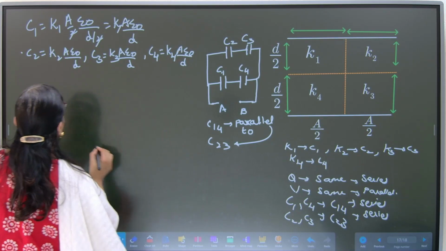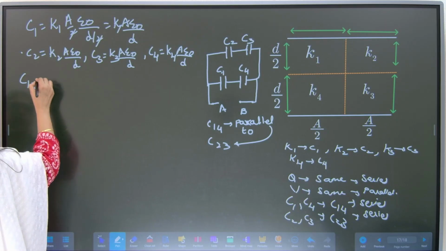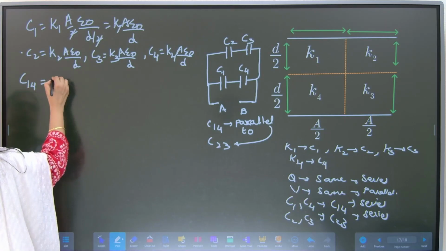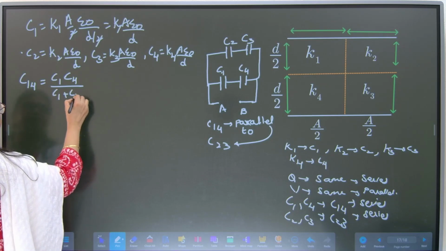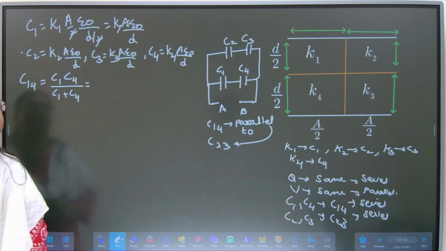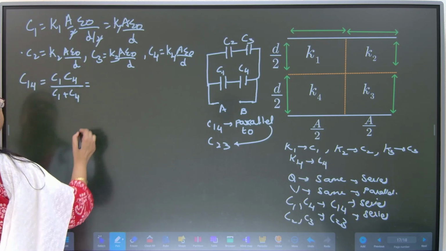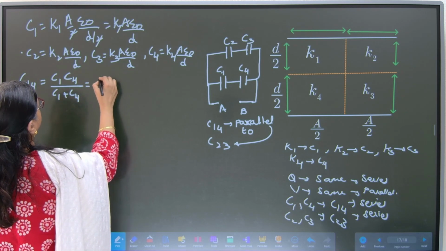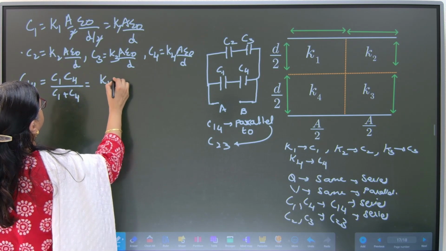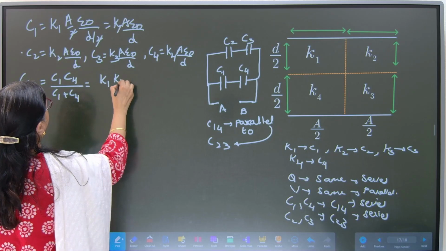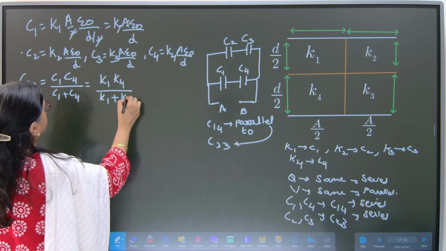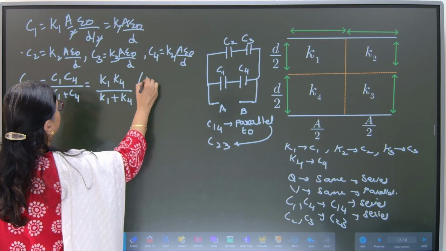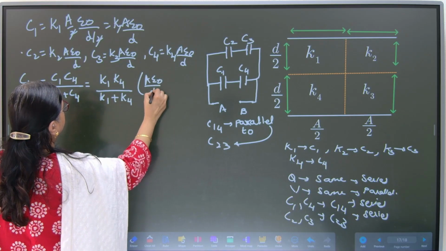So first finding out C14, which is in a series combination, we have C1 C4 upon C1 plus C4. Okay, so substituting the values from here, we get K1 K4 upon K1 plus K4, taking A epsilon naught upon D common.